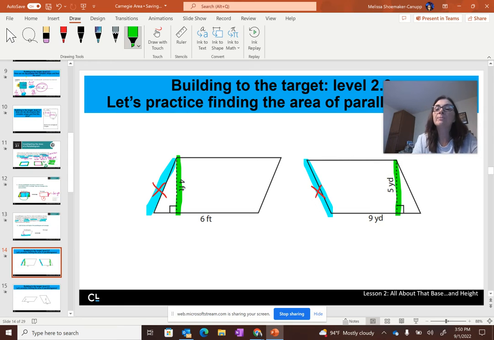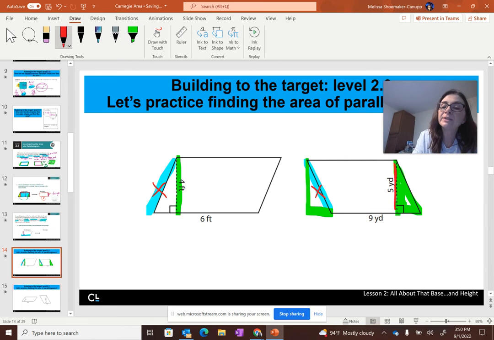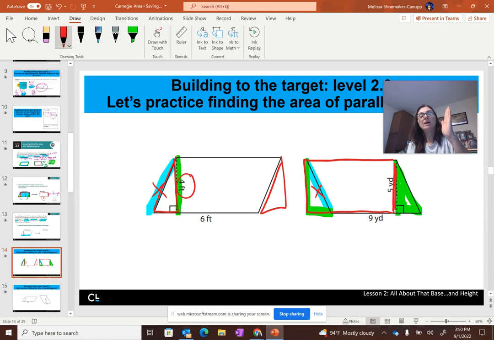Because remember, if I cut this off and move it over here, then this 5 yards is actually the side length of the rectangle that I have formed. If I move this triangle over here, then this 4 feet is the side length of my new rectangle.